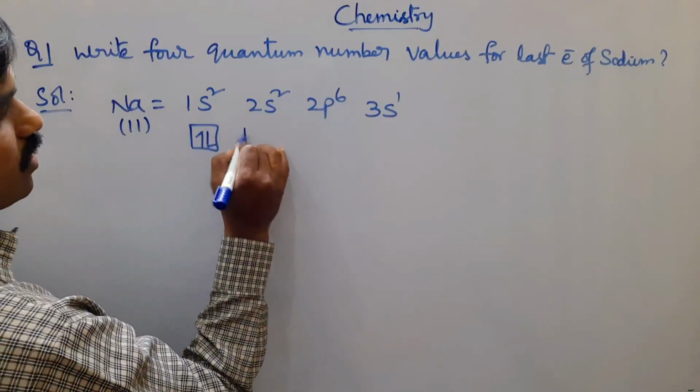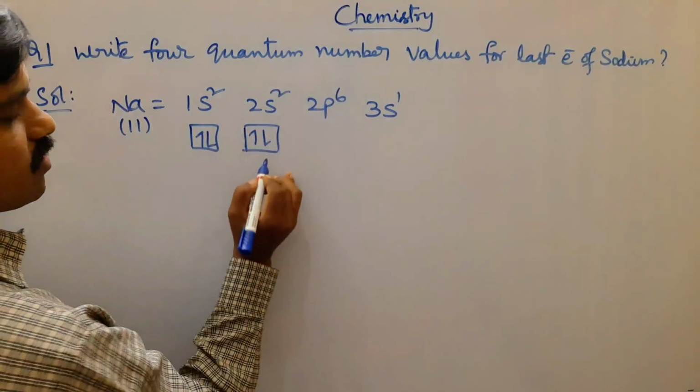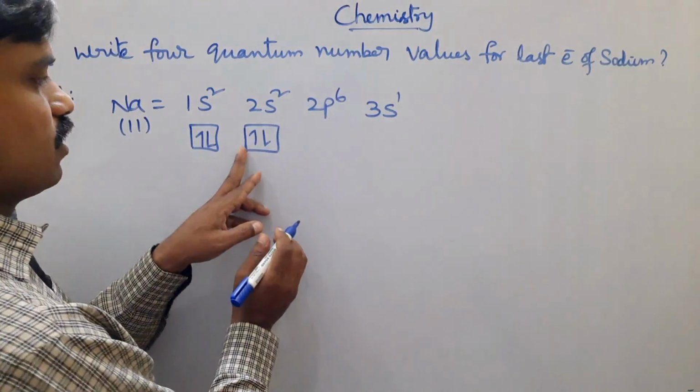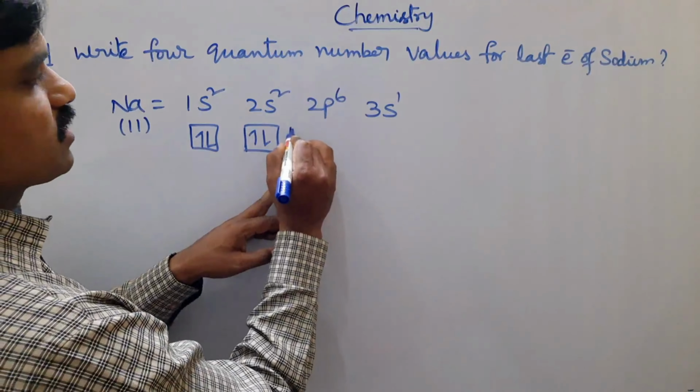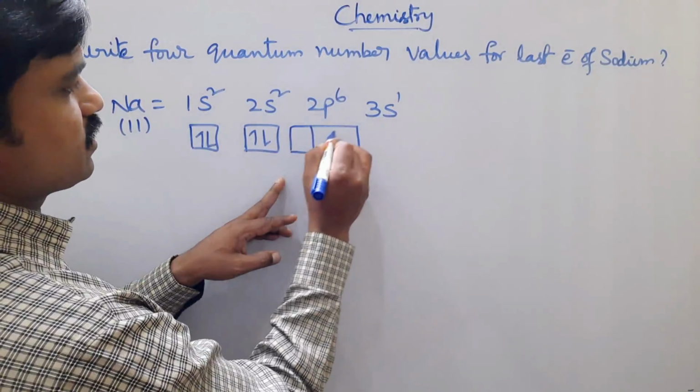In 2s level also, 2 electrons, one upward and one downward. And in 2p level, it has 6 electrons filled in these boxes, upward direction 3 electrons and downward direction 3 electrons.